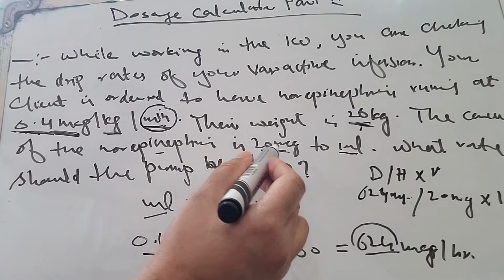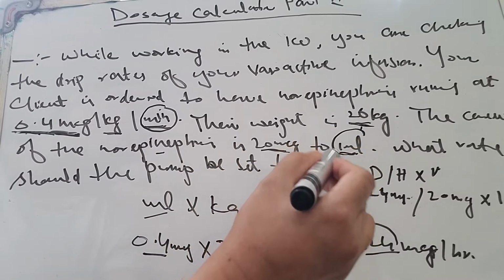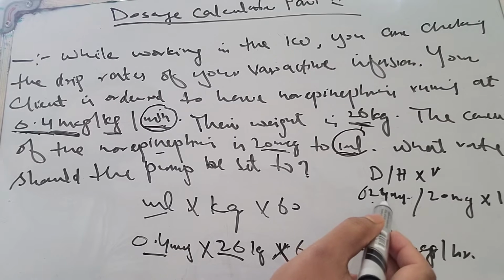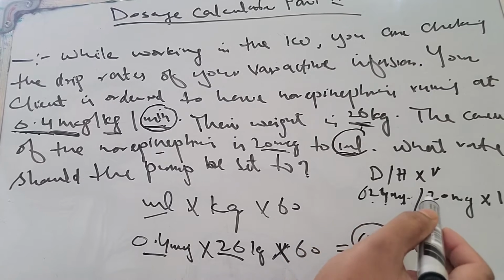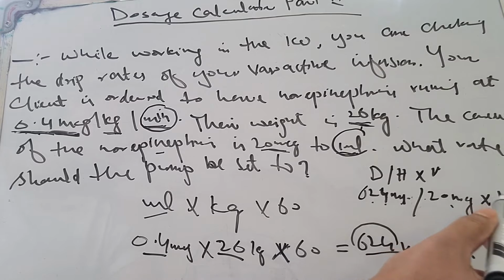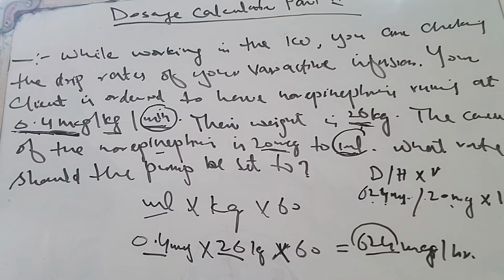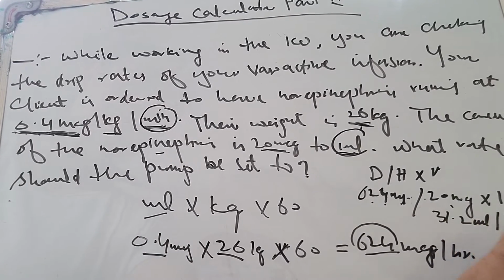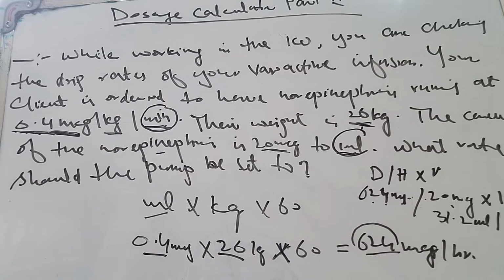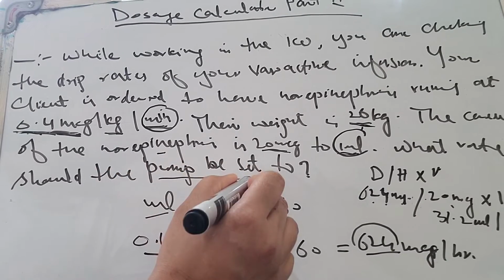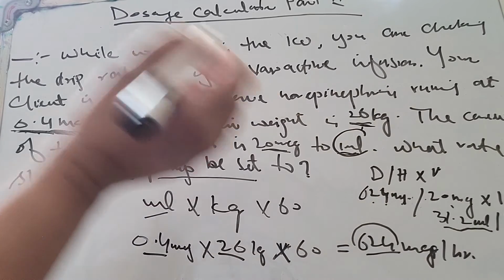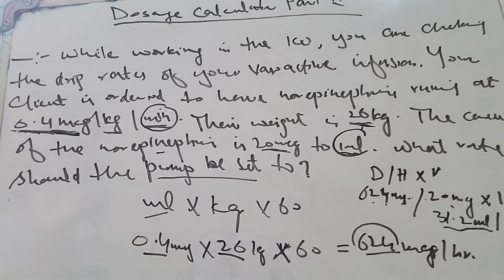How much do we have? 20 microgram to 1 ml. Vehicle is 1 ml. So when you divide 624 microgram by 20 microgram multiply 1, our answer will come 31.2 ml per hour. So the pump should be set to 31.2 ml per hour. Then this is our desired rate.